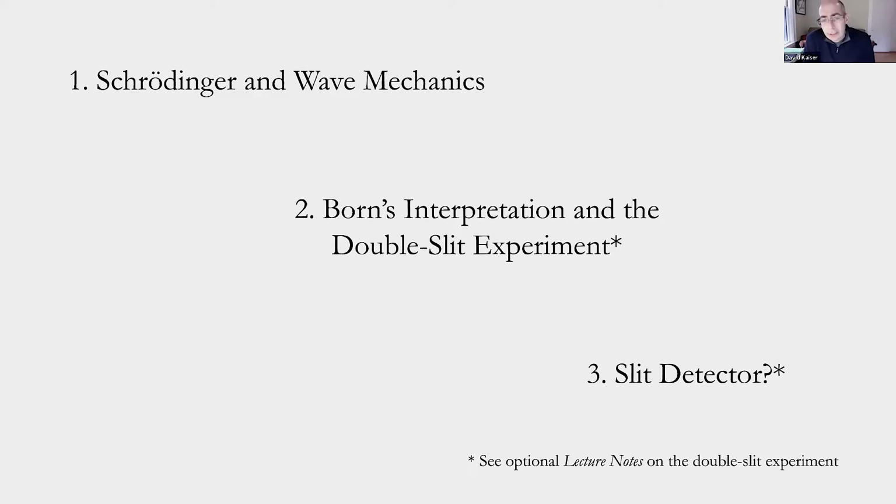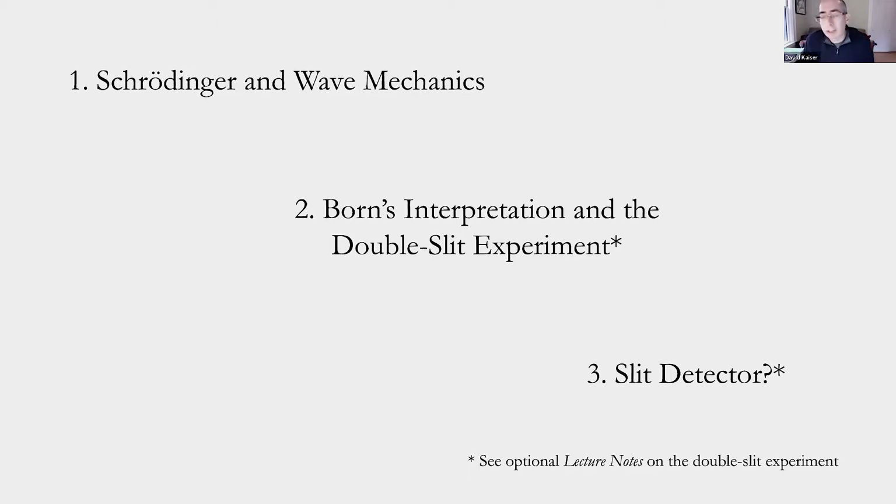Then we're going to look in part two, and very briefly a shorter part three, at some of the implications that physicists began already to grapple with, implications of Schrödinger's wave mechanics, really pretty quickly. For both part two and part three, as often happens, I'll try to cover some of the main highlights, what I think are the most interesting or salient points, and then some of the details, some of the extra derivations and so on, are in those optional lecture notes.